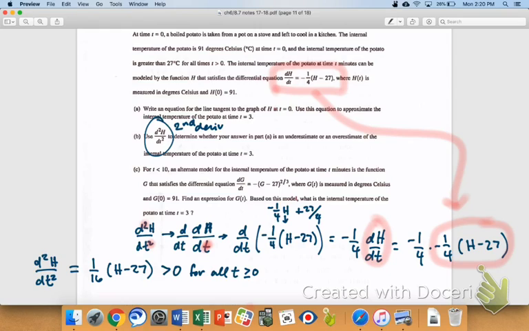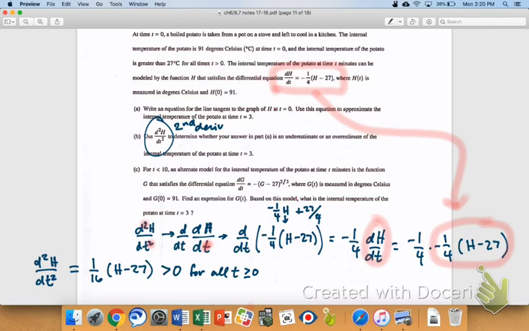Why? Because it's 1/16 times a positive number. Well, I agree that 1/16 is positive. How do we know that the second factor is also positive? Because they told you that the internal temperature of the potato is greater than 27. Yes. That's right. So something bigger than 27 minus 27 will always be positive. Well said.